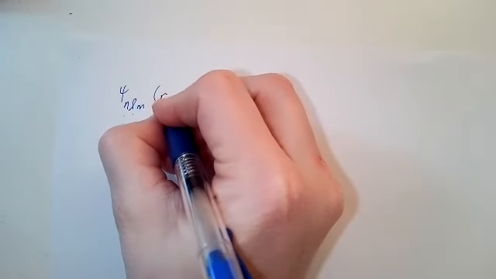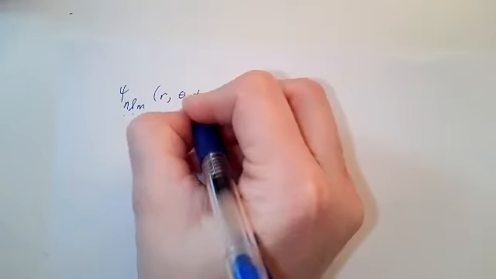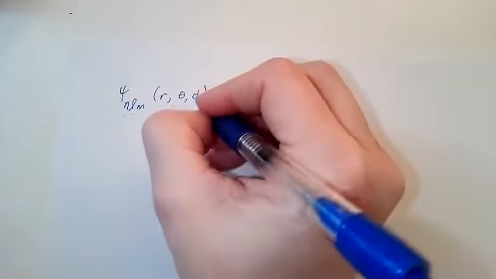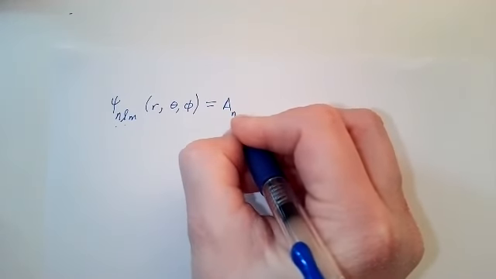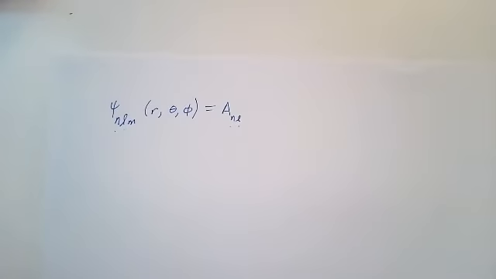And this will be a function of our 3 dimensions, since we're in spherical coordinates. We are going to have a normalization constant that is going to depend on both our principal quantum number and that l quantum number.